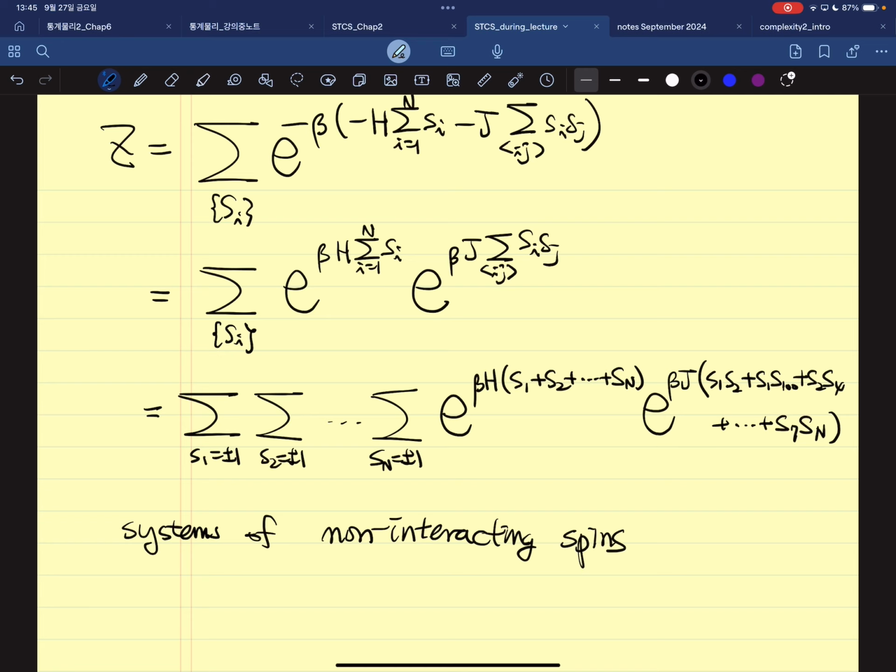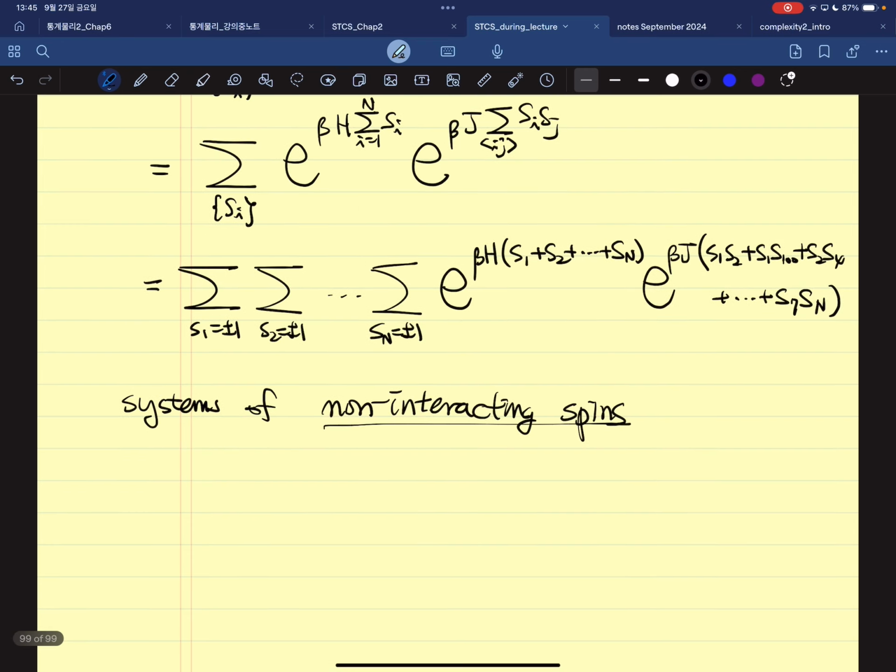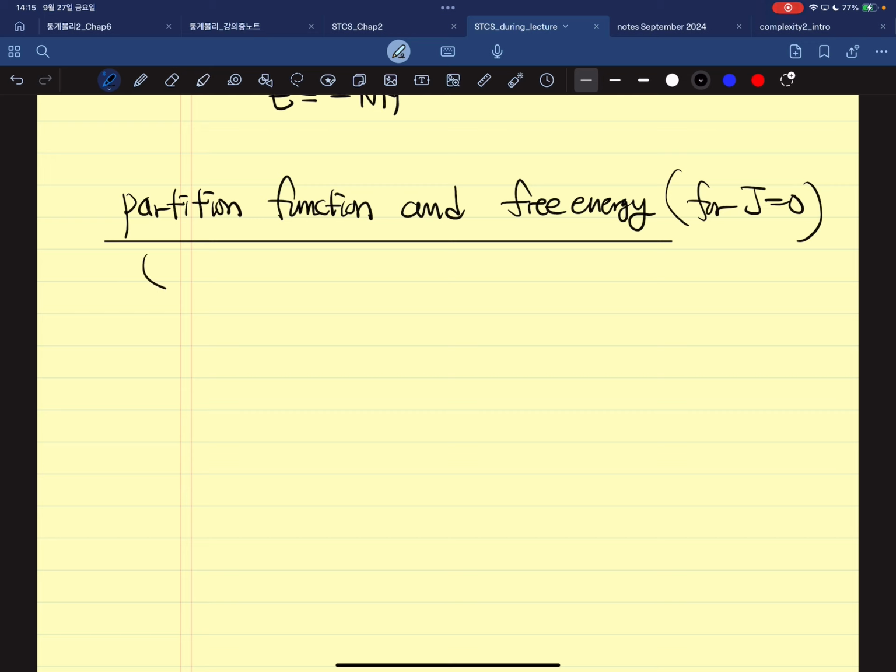In fact, this non-interacting spin system is described by paramagnetism. It has very nice properties. This is exactly solvable, well, easily, I would say.